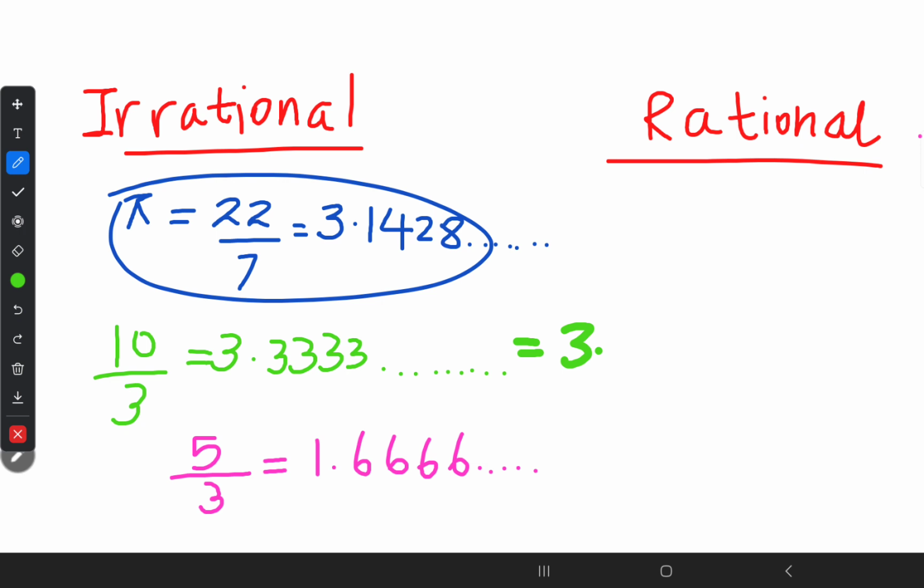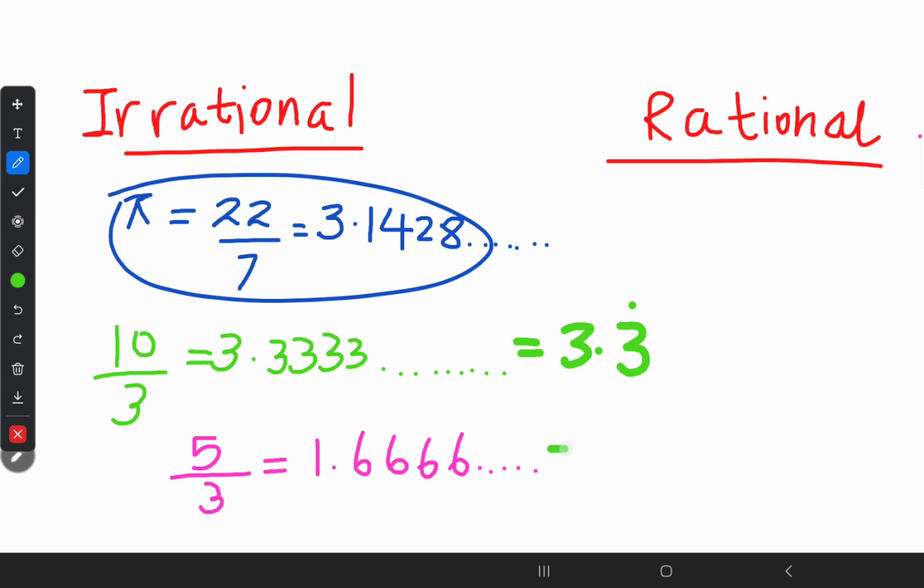Over the 3 we have to put a dot. So it means 3.3333. Here this dot indicates that this particular value is a recurring value. This is our recurring decimal. That means this is 3.333, and we can denote that in this simple notation.